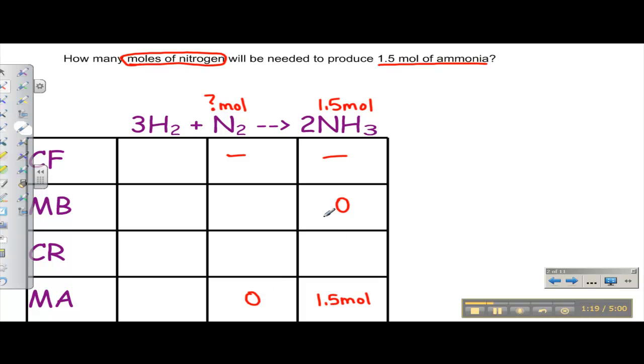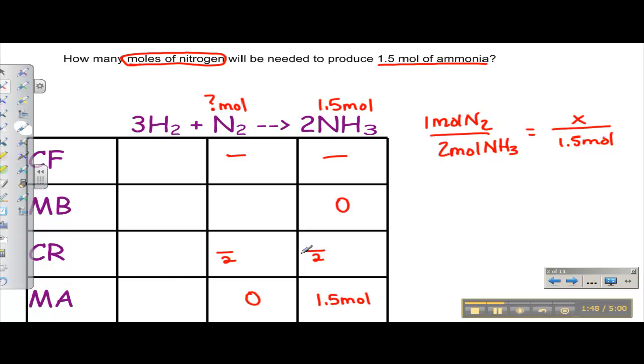So if we work our way backwards and we look at our fraction, we get 1 mole of nitrogen produces 2 moles of ammonia. So X moles of nitrogen are needed for 1.5 moles of ammonia. So the way we get our fractions from that, ammonia is where our given is. So that 2 is going to be on the bottom of every fraction.